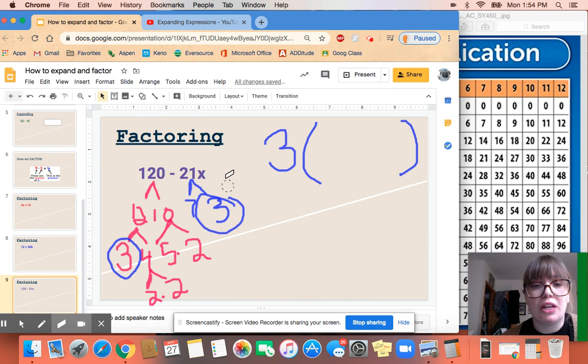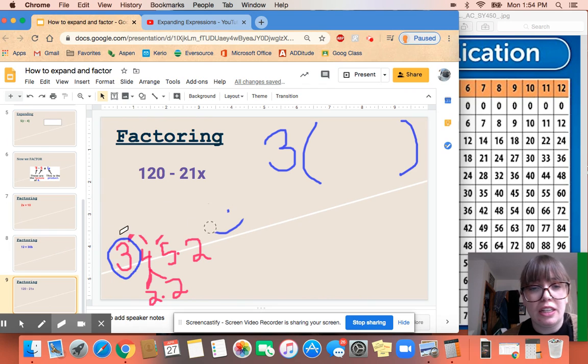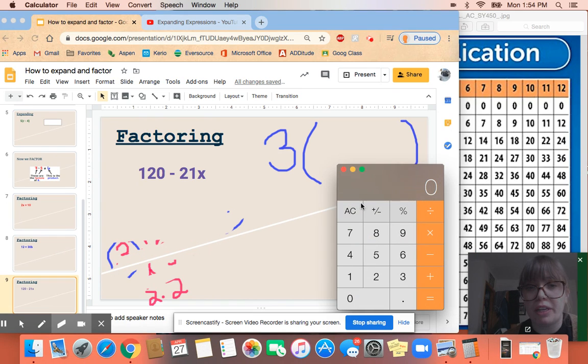The minus sign will not go away. All right, let's do some dividing. Let's divide 120 by 3. And just for time's sake, I'm going to pull my calculator up and just type it in. 120 divided by 3 equals 40.